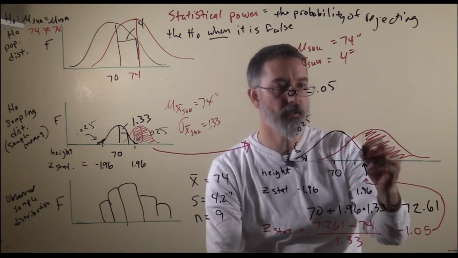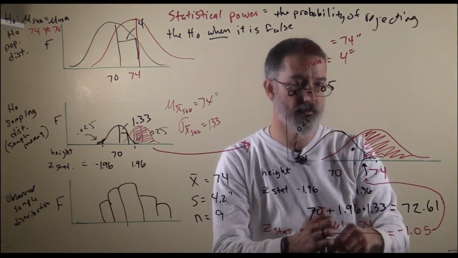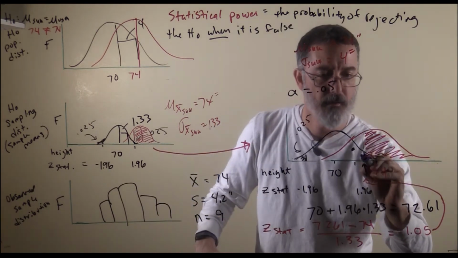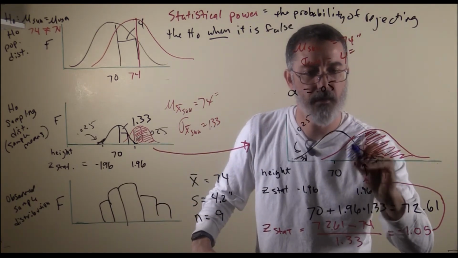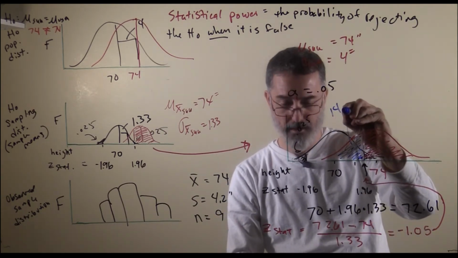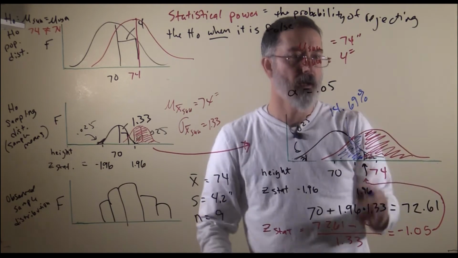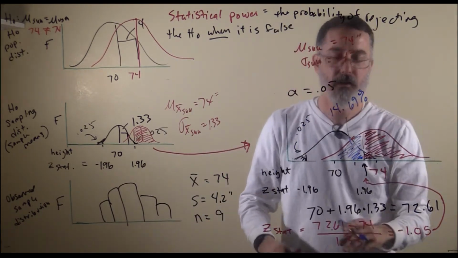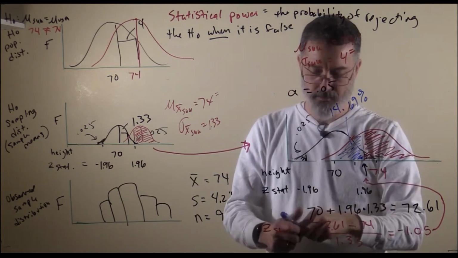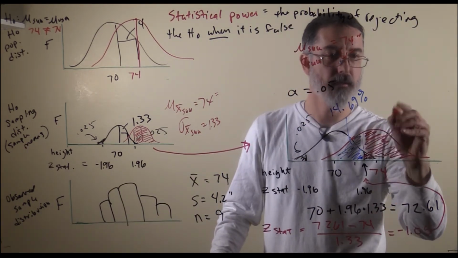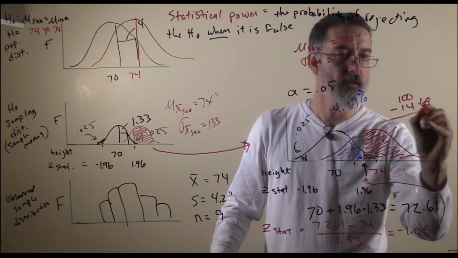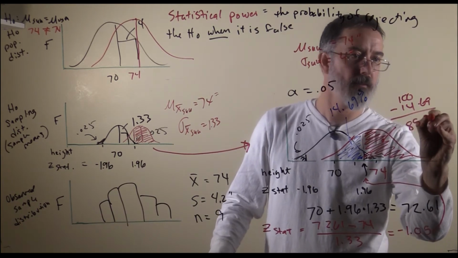So when I went to my table, it said the percent of this red distribution that was beyond the Z-score of 1.05 was 14.69%. But we want the percent that's on the other side, so we can subtract this from 100: 100 minus 14.69 is 85.31.